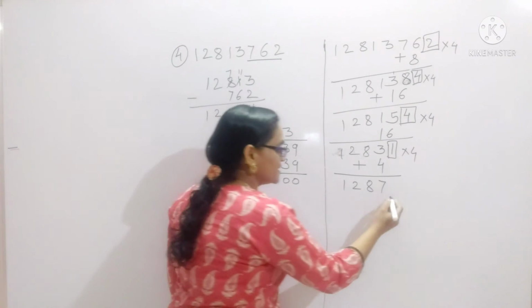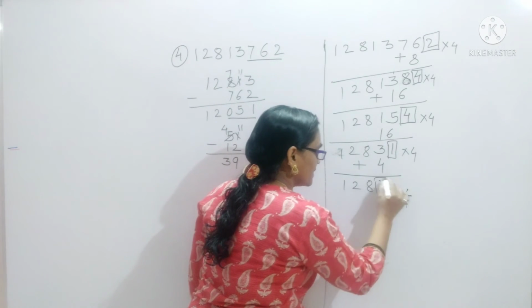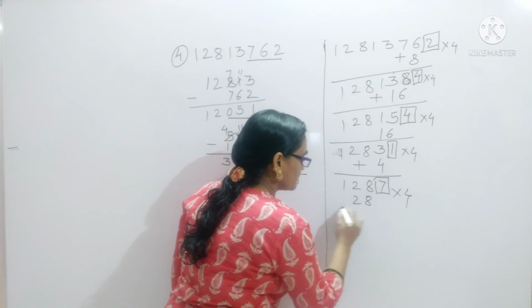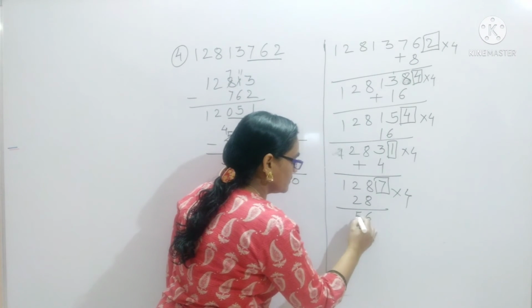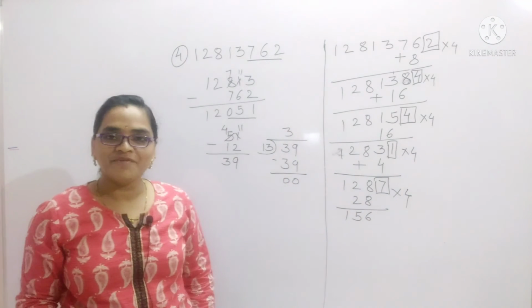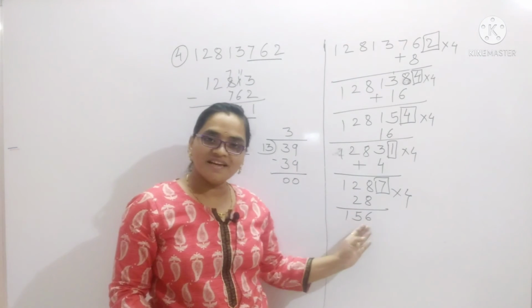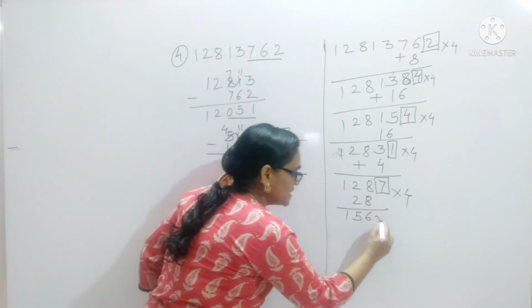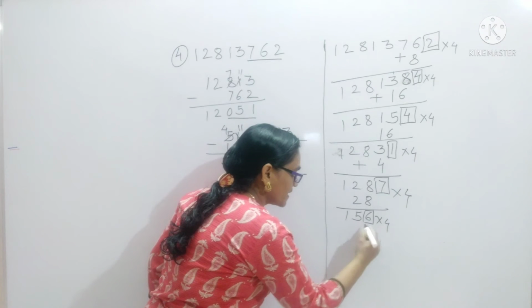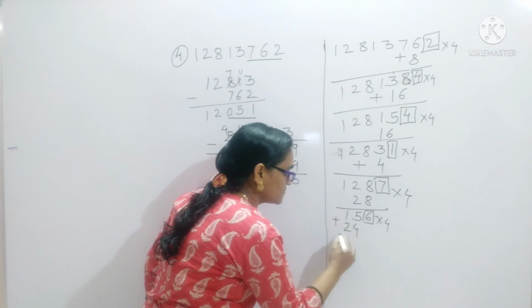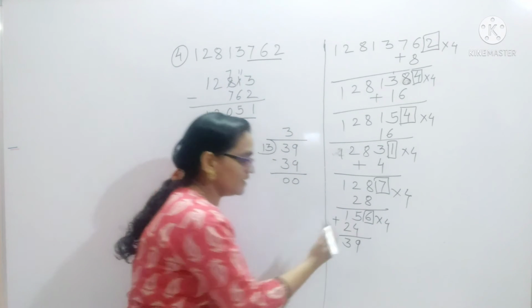Again the same process, 7 4s are 28, 5 1, 156. You can check here or further you can do. 6 4s are 24, 5 plus 4 is 9, 2 plus 1 is 3.